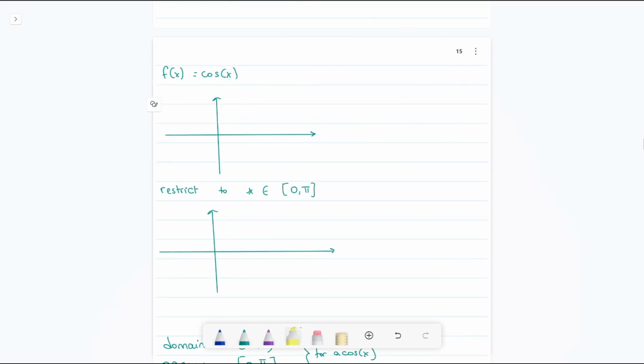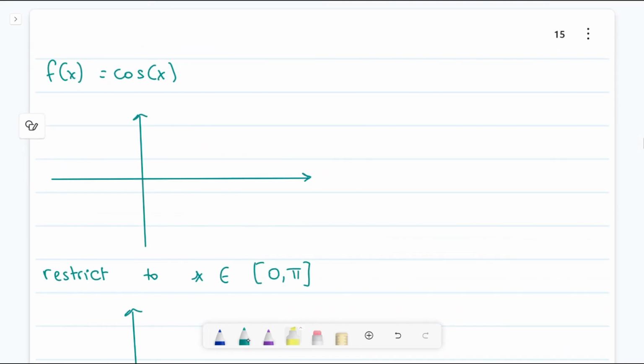Now let's move to cosine of x. So I will graph this function. It looks like this, and it keeps on continuing. So this point here is -1, up here it's 1, pi/2, here we have pi, same for here, -pi/2.